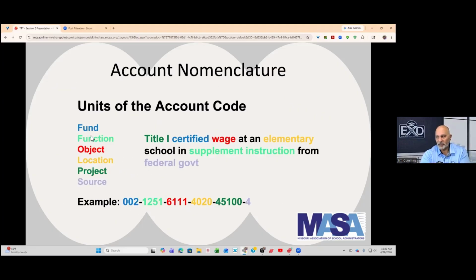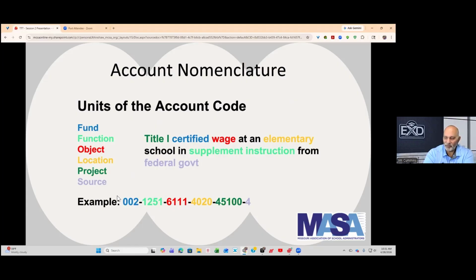All right, I'll spend a little bit of time, and I'm going to have to go fairly quickly. This is about as colorful a slide as you'll ever get from me. But I tried to make it so you could see where the different fund, function, object, location, project code, and source code are these different colors.